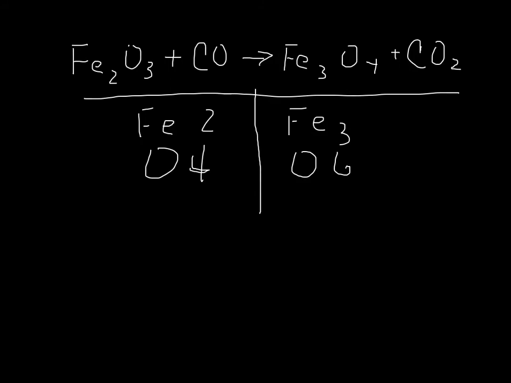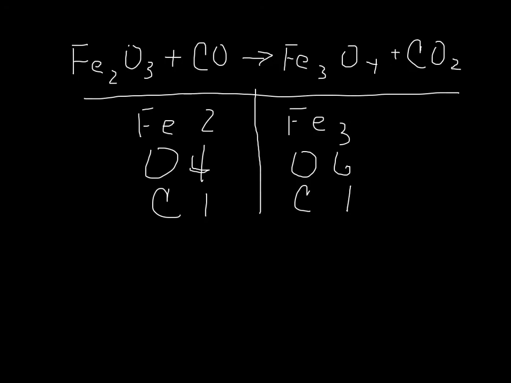And then on the reactant side, we have 1 carbon. And on the product side, we have 1 carbon. So those 2 actually balance. So we have 1 carbon and we have 1 carbon. So now what we have to do is add coefficients in order to balance this equation.